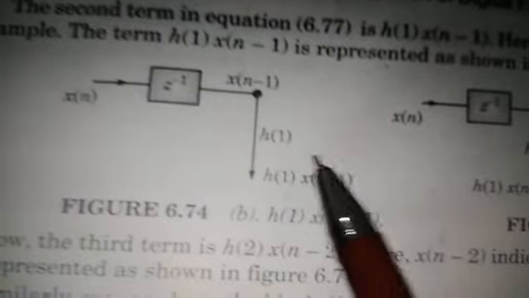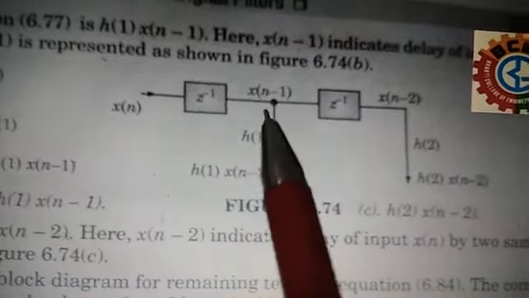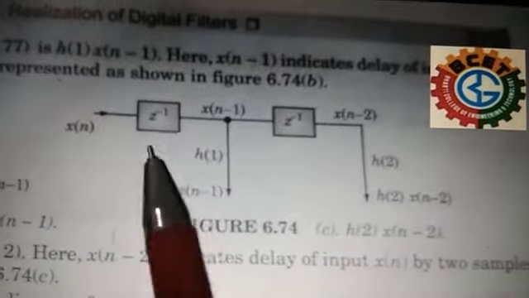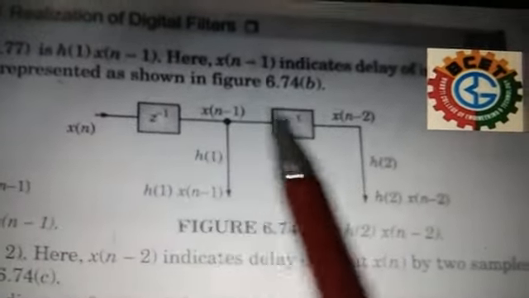So this part can be represented by these two things. Similarly, here h of 2 into x of n minus 2. This is h of 2 and this is x of n minus 2. So this type of tapping and node can be represented in the direct form.